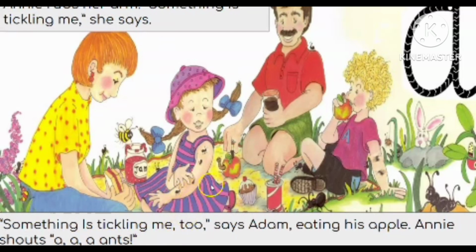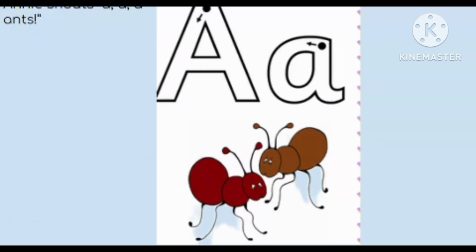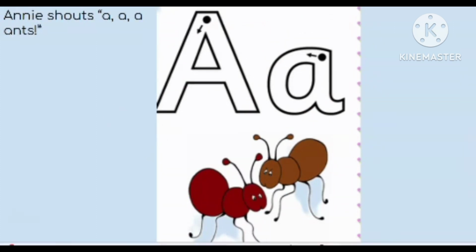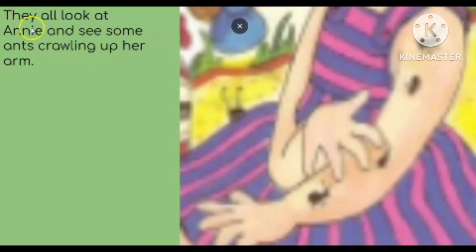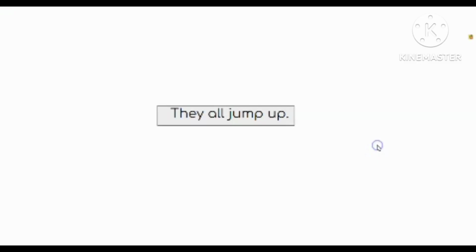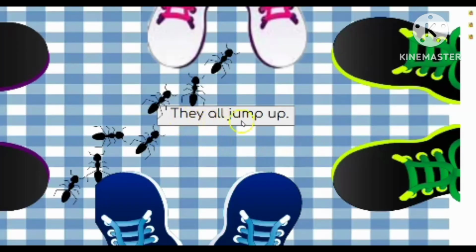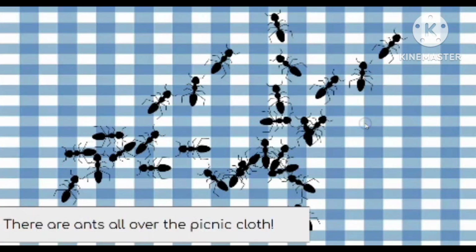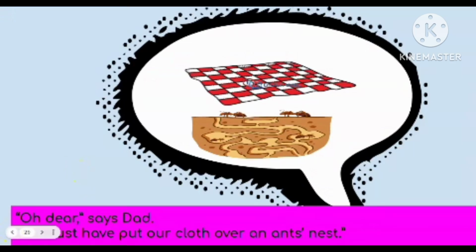Annie shouts, ants! They all look at Annie and see some ants crawling up her arm. There are ants all over the picnic. Oh dear, says Dad. We must have put our cloth over the ants' nest. They pack up their things and move to a nicer spot.